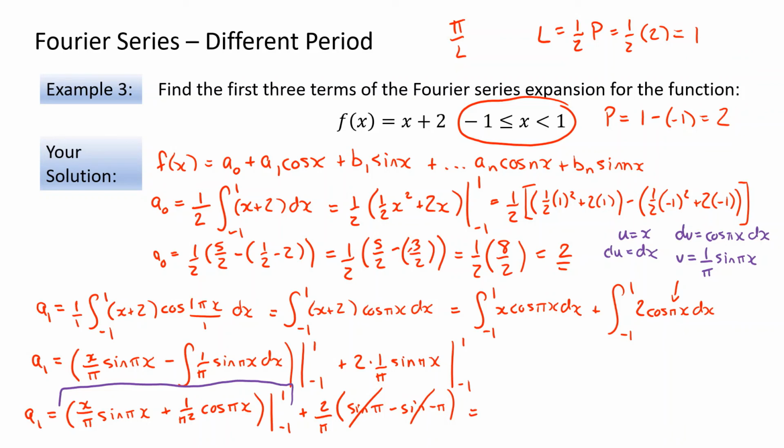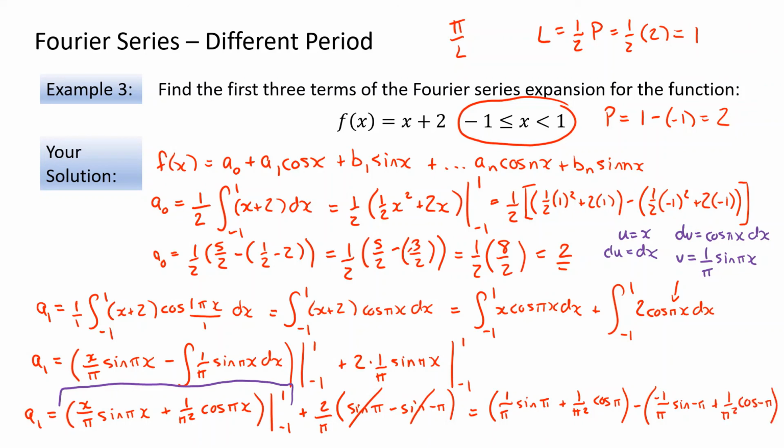If we do that, we get our first will be x over pi, which is 1 over pi sine of just pi, because we substituted in 1, plus 1 over pi squared cosine of pi, minus the same thing. We get -1 over pi sine of negative pi, plus 1 over pi squared cosine of negative pi.